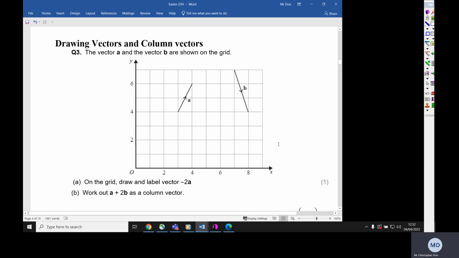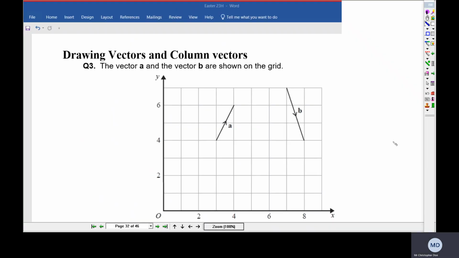Right, okay, let's look at question 3 then. Off we go. Okay, so drawings. Let's do some drawings and let's write some vectors down. There is vector A. Let's just draw on.